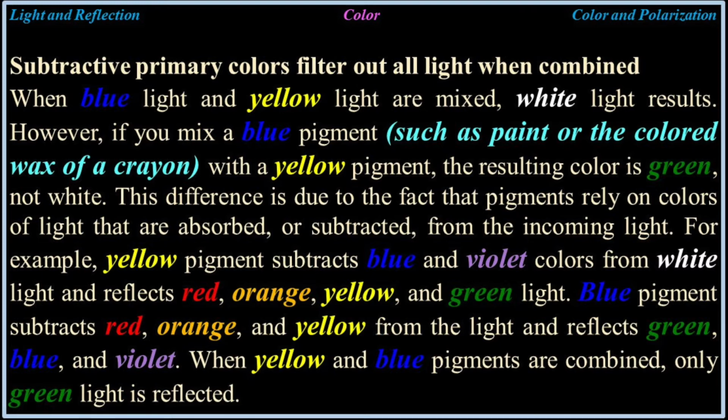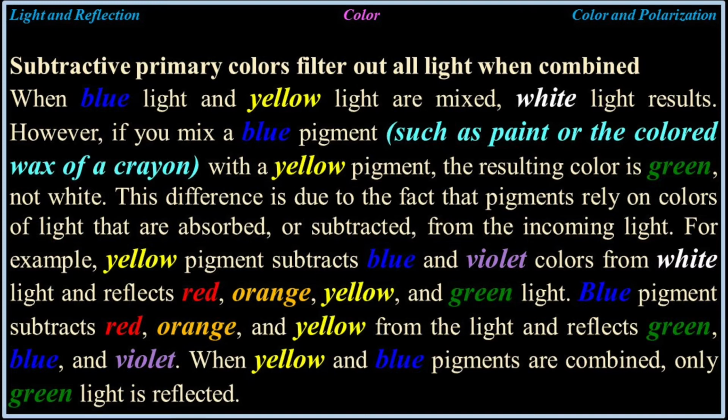However, if you mix a blue pigment, such as paint or the colored wax of a crayon, with yellow pigment, the resulting color is green, not white. This difference is due to the fact that pigments rely on colors of light that are absorbed or subtracted from the incoming light.